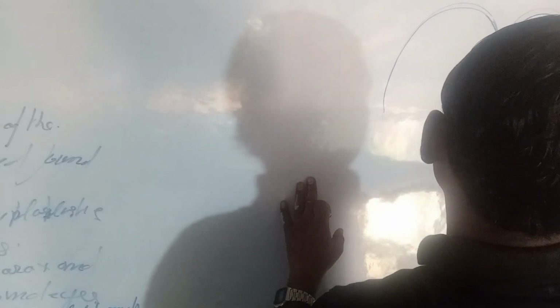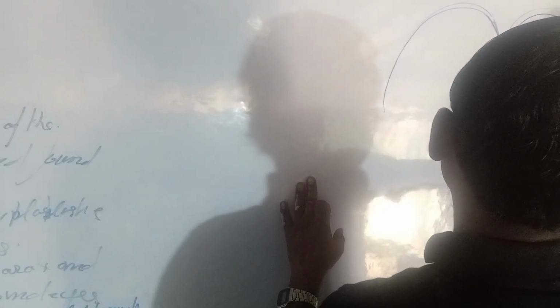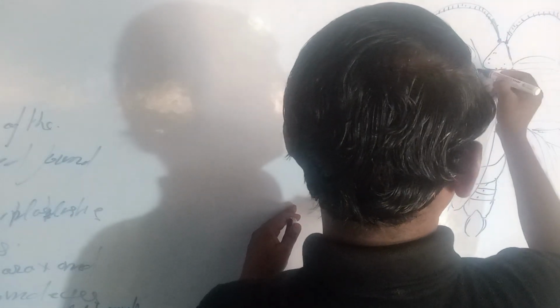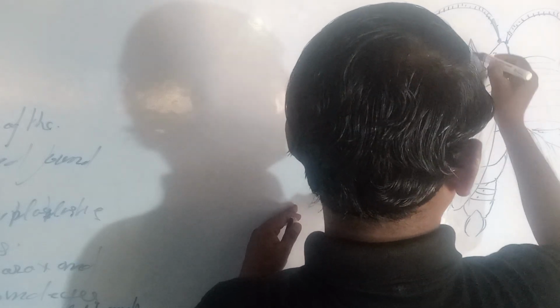If you see the structure of the cockroach, you will automatically understand these phyla one by one. Here is the antenna that we can see clearly. These are the antennal parts.